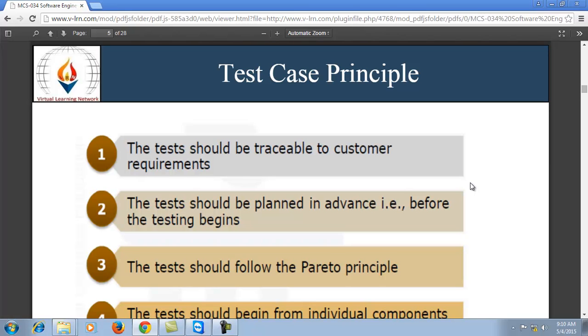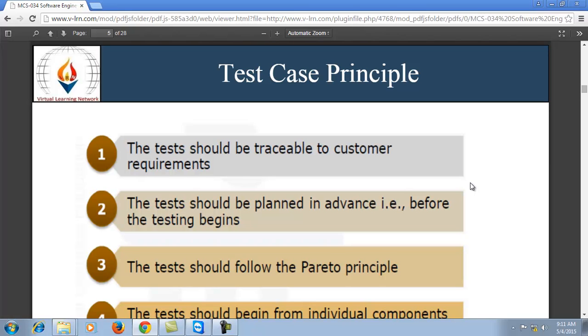Again, whatever your testing plan is, all tests should be traceable to the customer requirement. आप जब सिस्टम डेवलप करना है, you have already developed the SRS, that is the software requirement specification document, and your testing should trace with respect to the SRS because the SRS involves all the customer requirements.